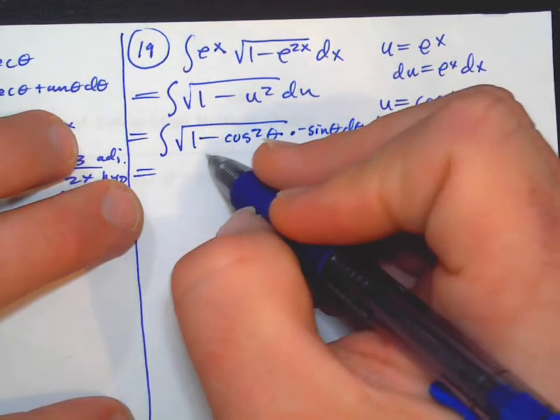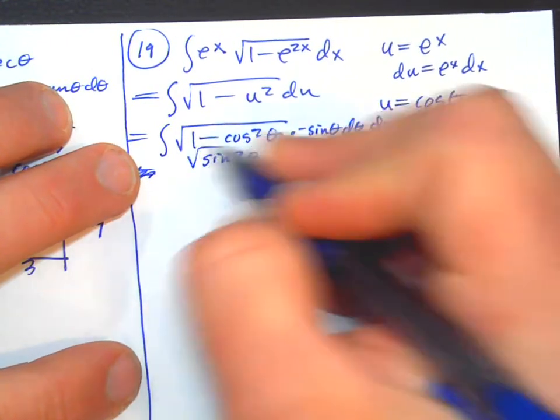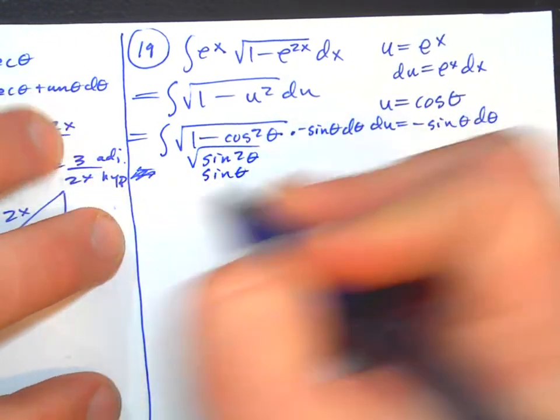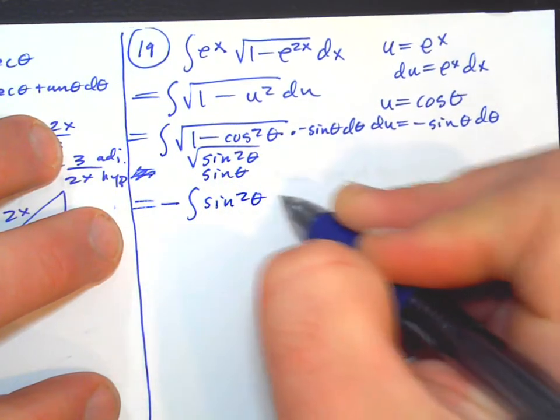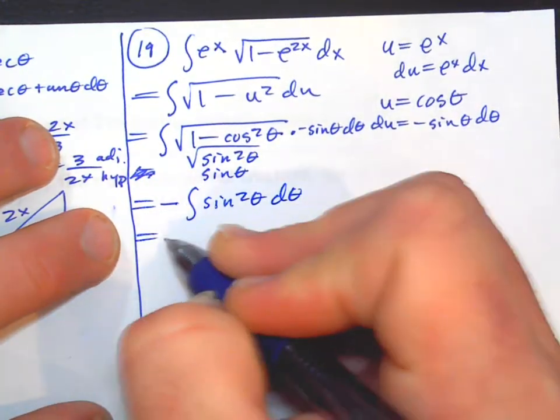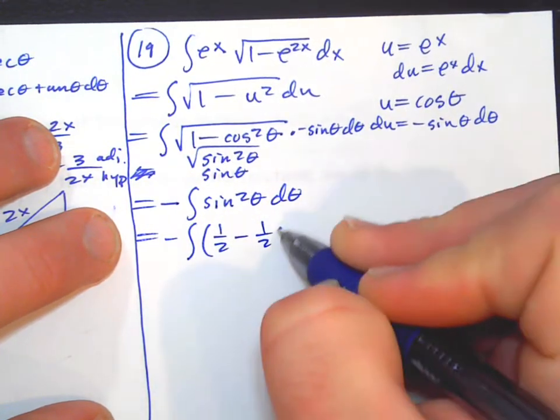This is going to give you sine squared theta, and the square root of that's going to be sine theta. And so this is going to be negative sine squared theta d theta. So we got to integrate this. So we're going to do 1/2 minus 1/2 cosine double angle.